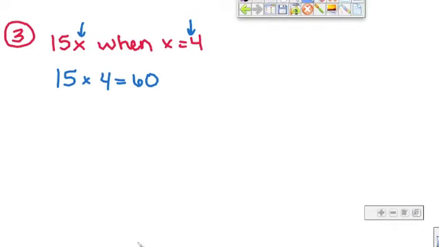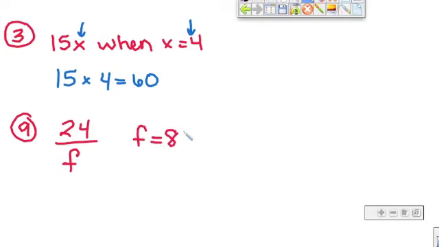The next one I'm going to try is going to be number 9. Same book, same page. Number 9. We have 24 over f. And again, when f equals 8.